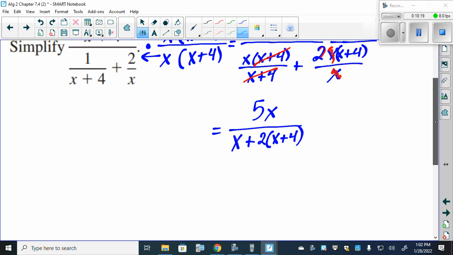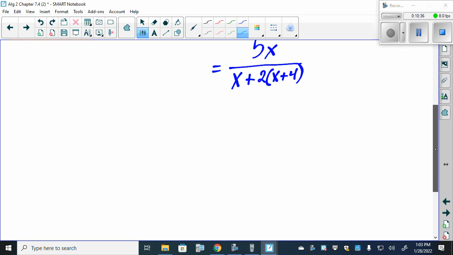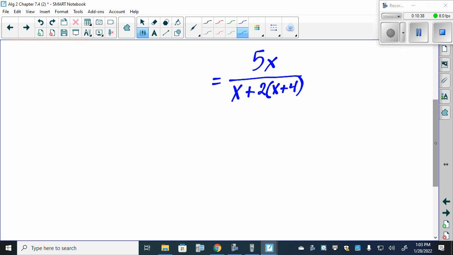Because now in one step, we've taken it from having fractions in the numerator and denominator to just having one fraction. We've taken care of all the fractions in the top and bottom of this fraction in one step. The only thing that's left is to simplify the denominator.